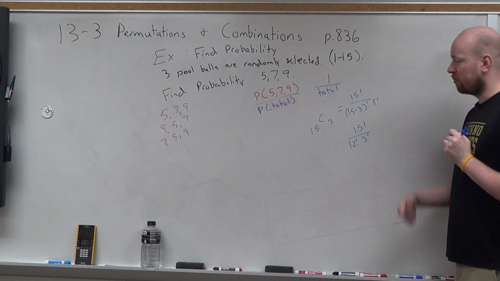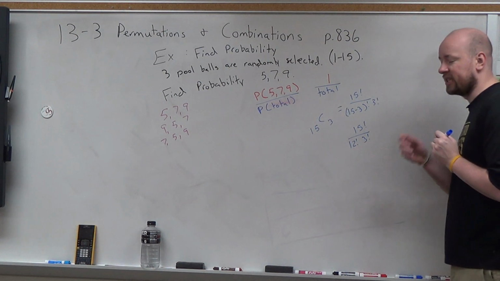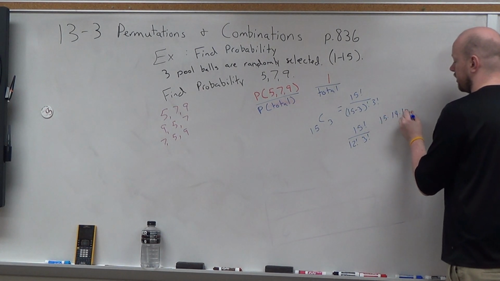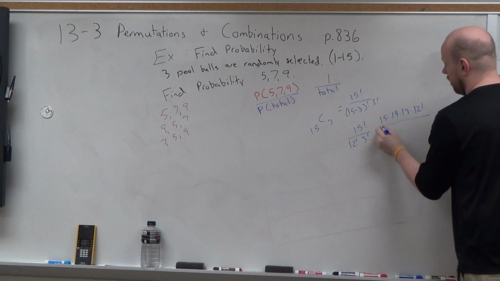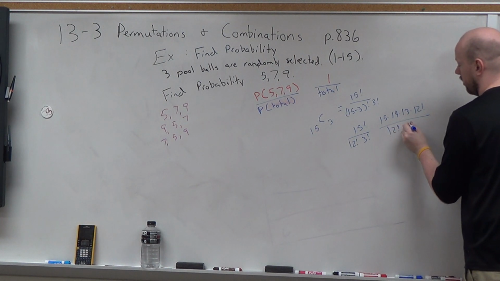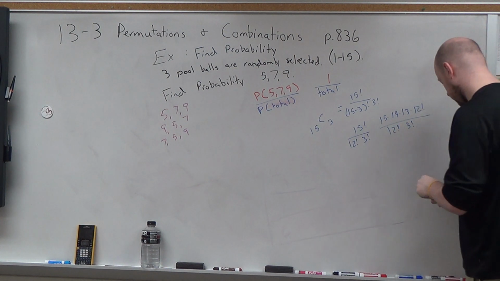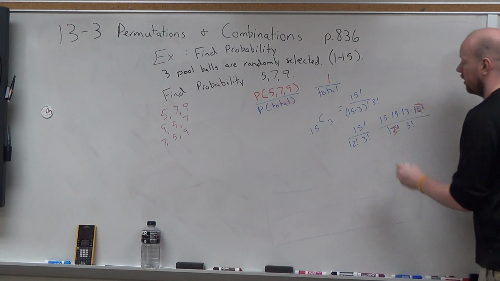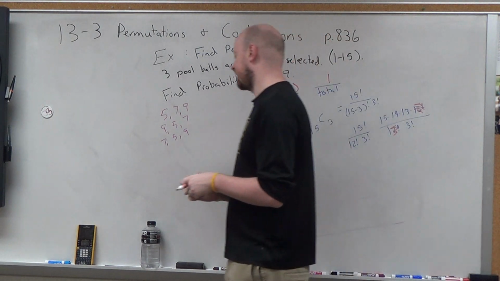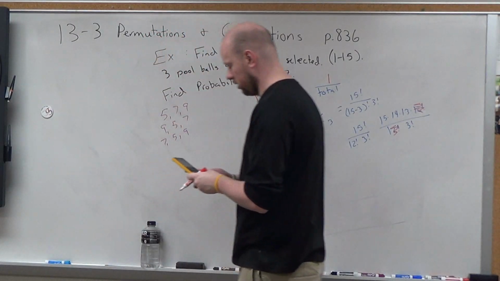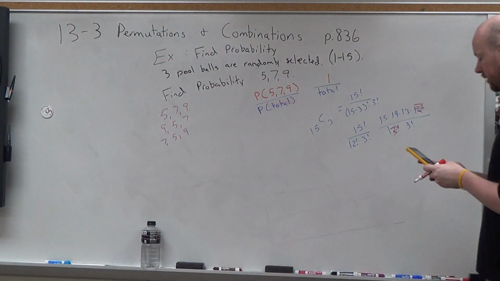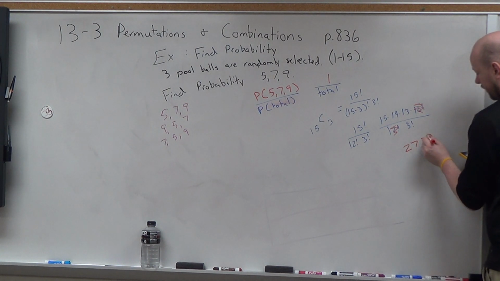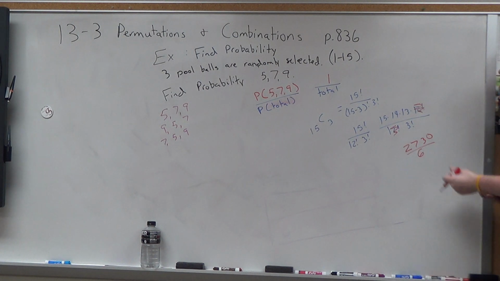Now I want to rewrite my numerator in terms of where I stop at 12 factorial. 15 times 14 times 13 times 12 factorial over 12 factorial, 3 factorial. Then again, my 12 factorials can cross off. So I get 15 times 14 times 13, which is 2730, over 3 factorial, which is 6. 3 times 2 times 1.